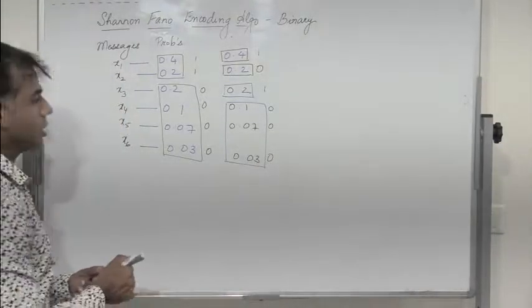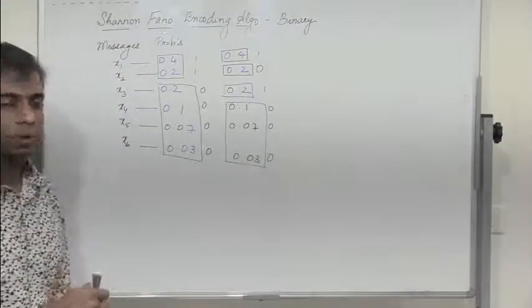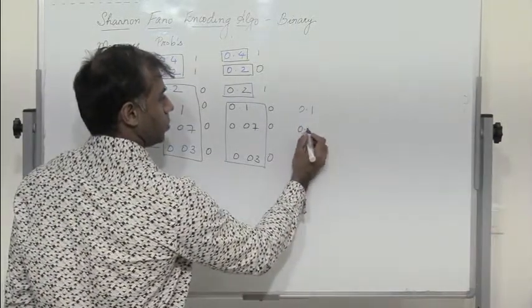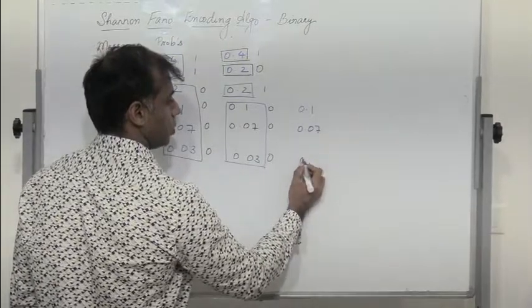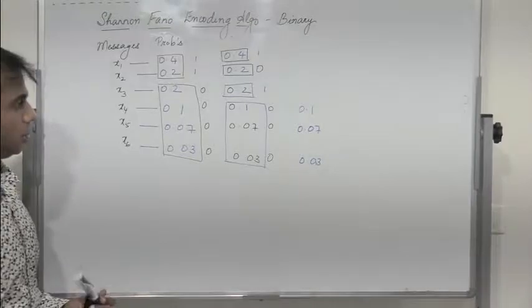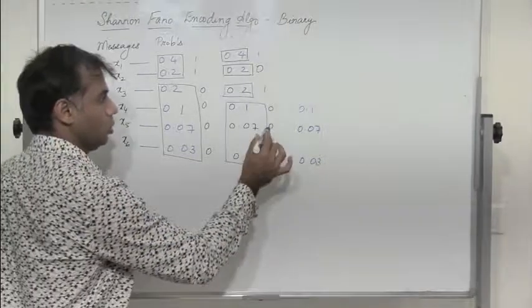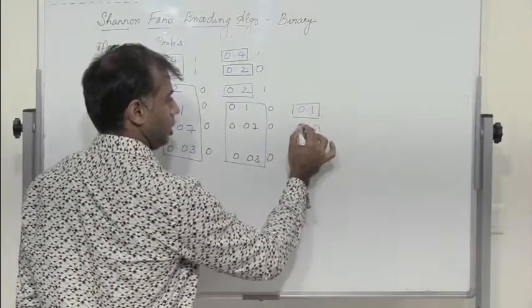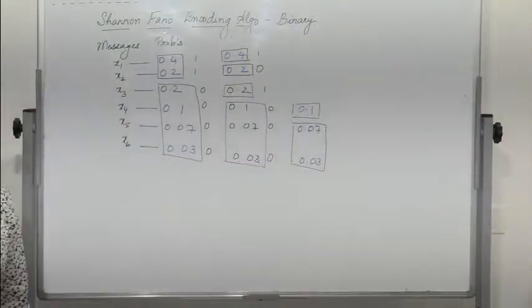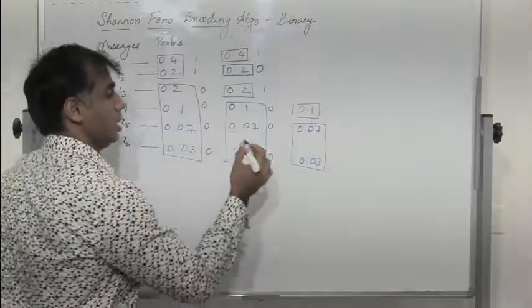Again divide this into 2 nearly equal probabilities: 0.1, 0.07, 0.03. I combine 0.1 as one group, and when you add these 2 it is again 0.1. So I have divided them into 2 nearly equal probabilities.